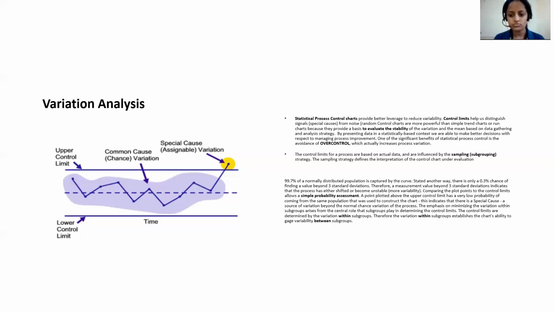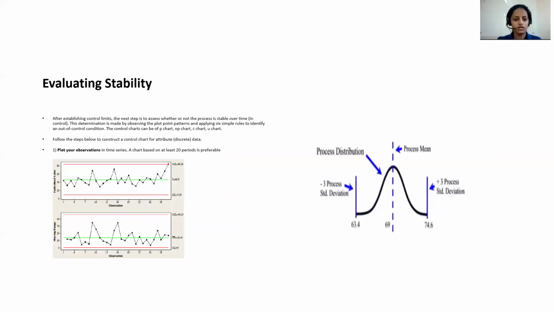Here, once we understand the control limits and the data point analysis, like I showed in the previous slide, we need to evaluate the process stability. We can do that by plotting these control limits and applying certain rules.